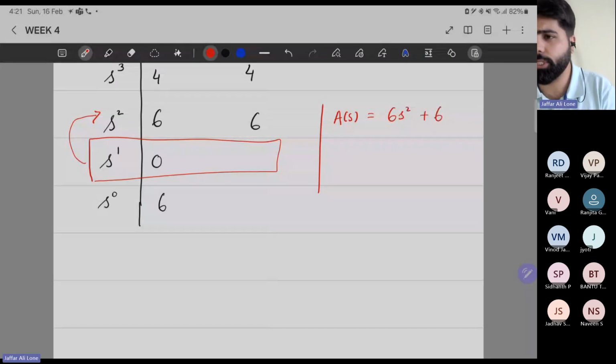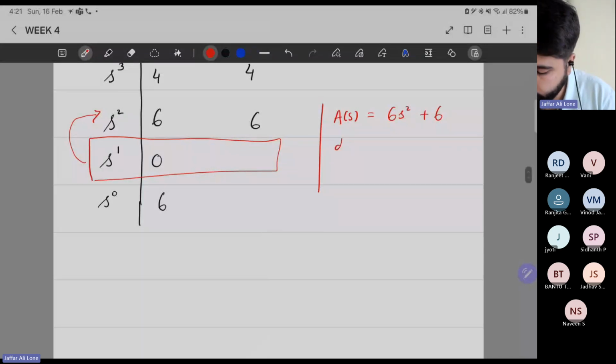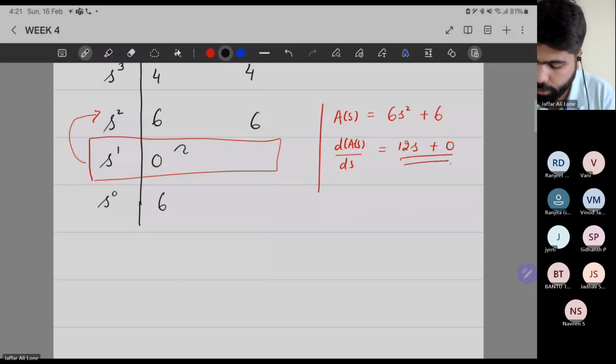Correct? So this is my auxiliary equation. Then how do I populate this row of zeros? I have to differentiate this, dA over ds. It will be 12s plus 0. So now this 12s will be used here.